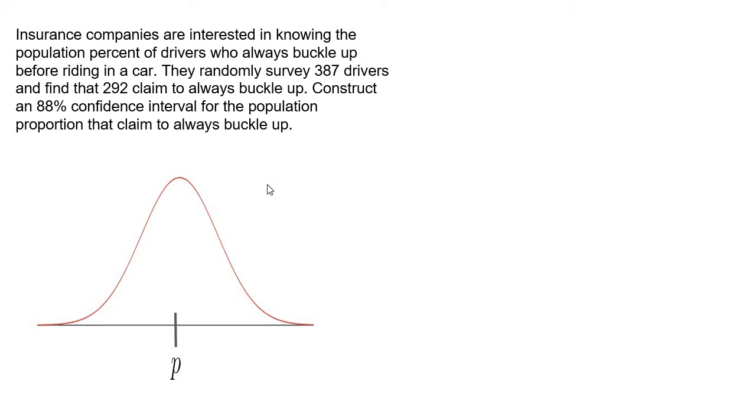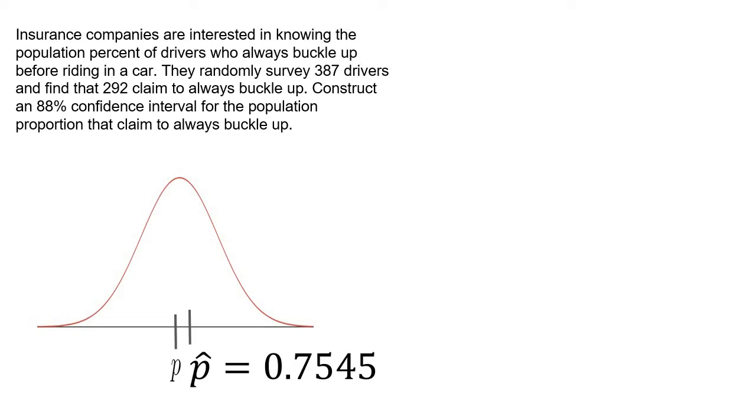So once again, we don't know the proportion of drivers who say they always buckle up, so that's an unknown quantity, P. But it is the mean or the center of the sampling distribution. So this would be a representation of the sampling distribution. We have a sample for which the proportion is 292 out of 387, and that gives it a proportion of 0.7545.